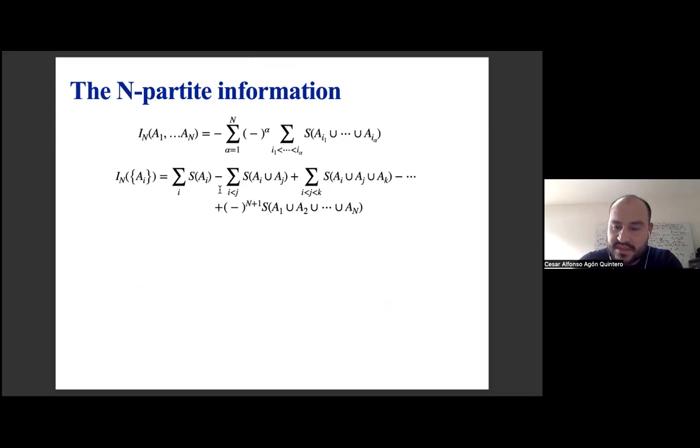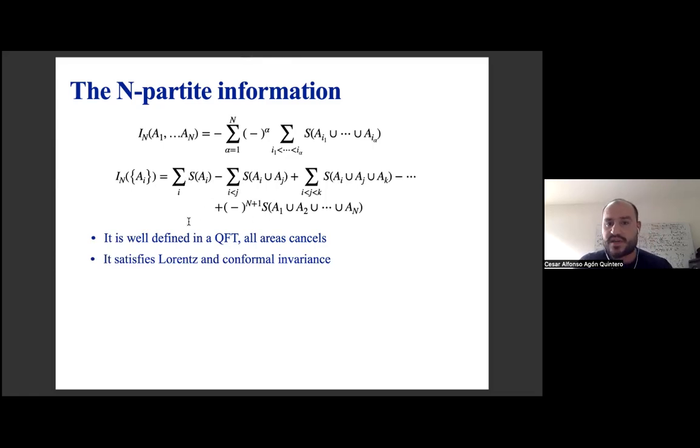This quantity satisfies some simple properties. First of all, because of these alternating signs, all the area terms, the divergences that come from the entanglement entropies, cancel, which renders this quantity well defined. Second, since we are interested in computing this for the ground state of a CFT, it should satisfy Lorentz invariance and conformal invariance.